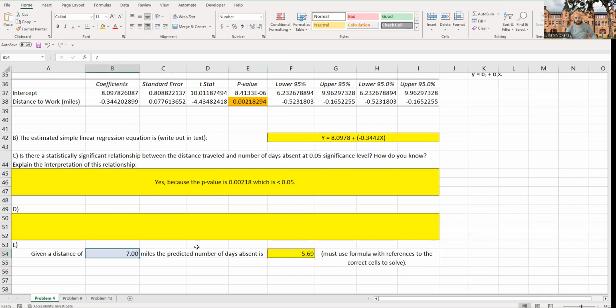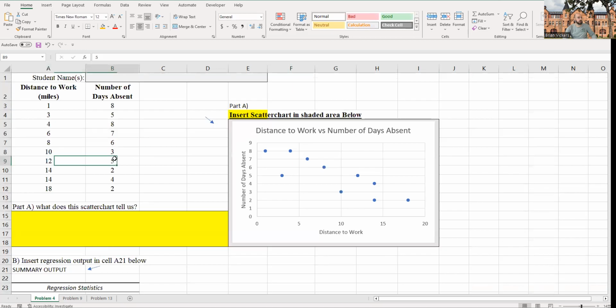And because I've done this with references, if I wanted to know the predicted number of days absent if I lived 9 miles away, 5. If it's 12 miles away, 3.97. So let's say it was 12. It's predicting 3.97, so I would have an error based on what I see here.